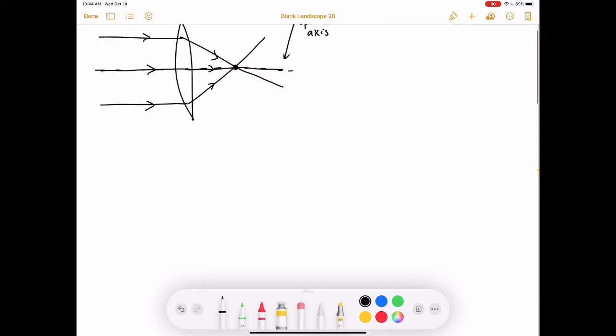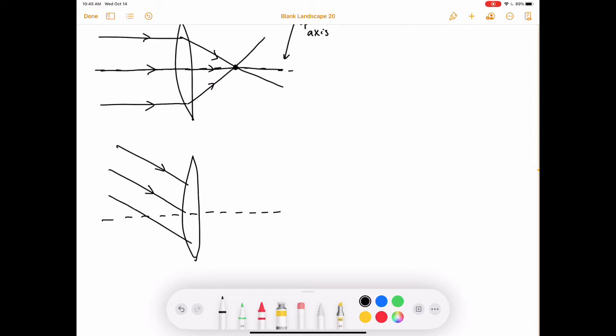But the rays don't have to come in at that angle, okay? We can look at another case where those incoming parallel rays are maybe going at this angle. So they're not exactly parallel to the optical axis. Well, in that case, the rays would focus over here somewhere, just below the optical axis.